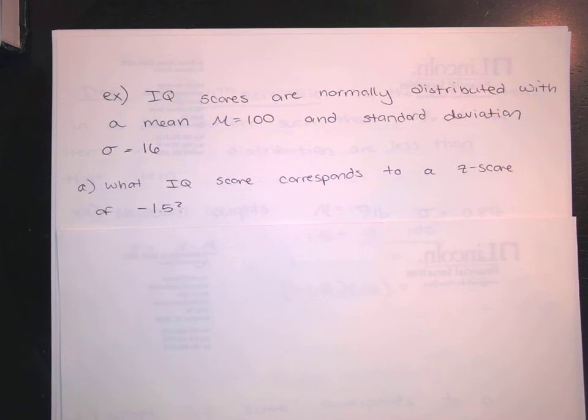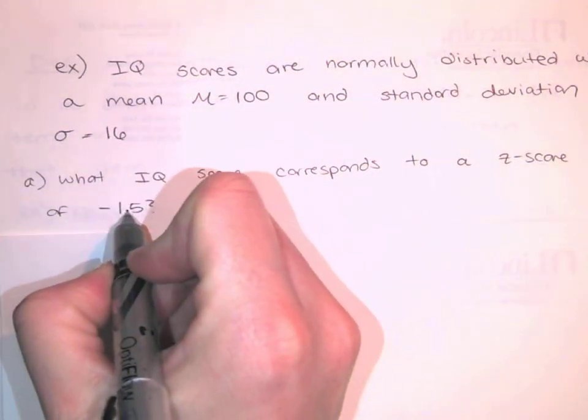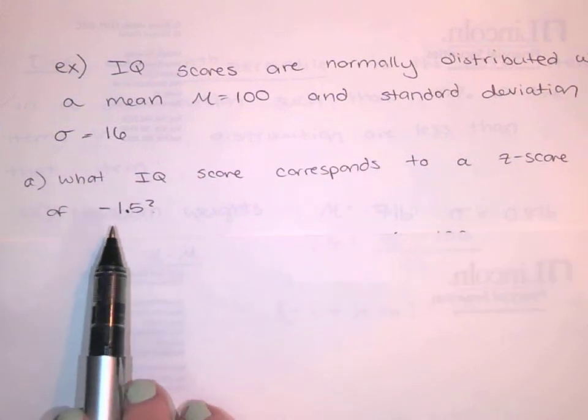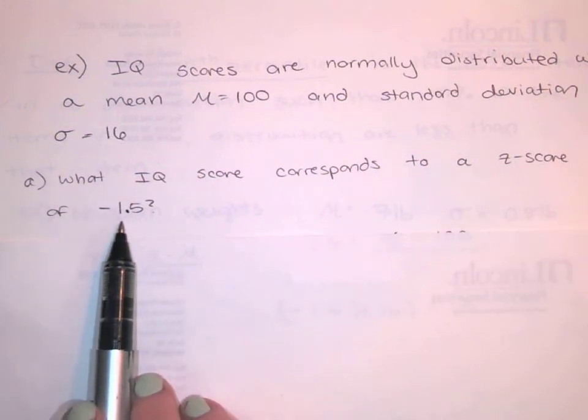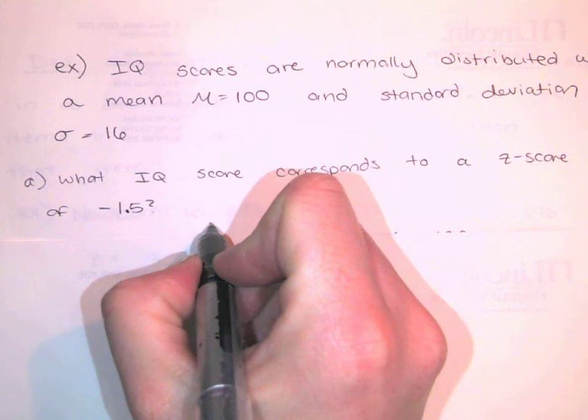And we want to know what IQ score corresponds to a z-score of -1.5. So first, just theoretically, what does this mean? A z-score of -1.5 means we're 1.5 standard deviations below the mean.